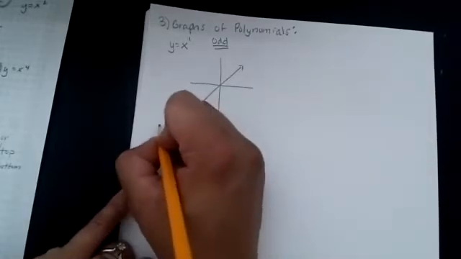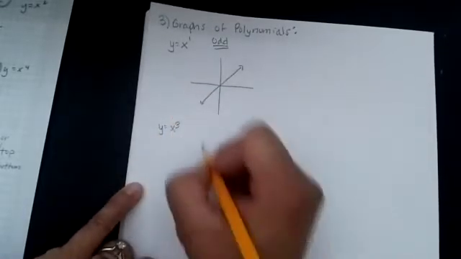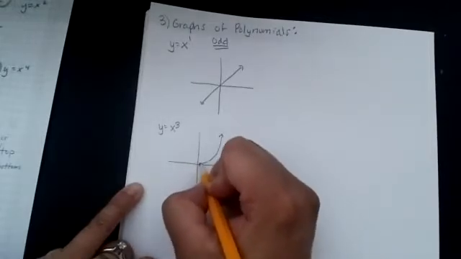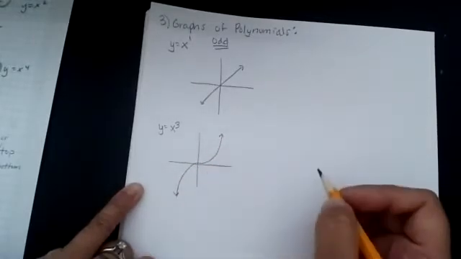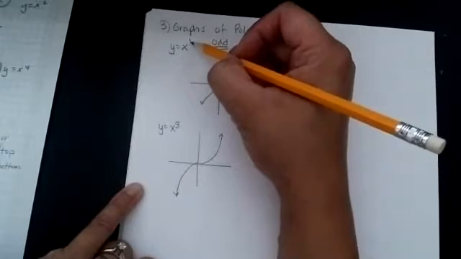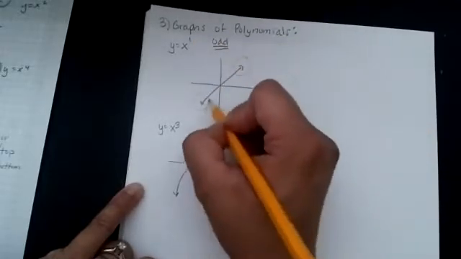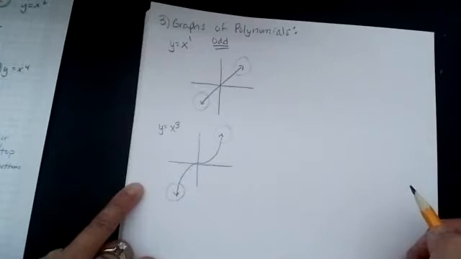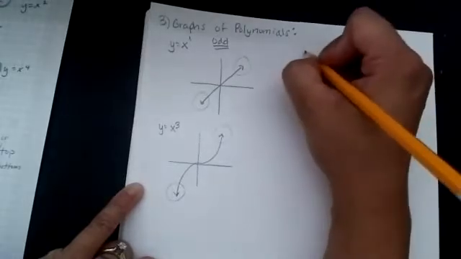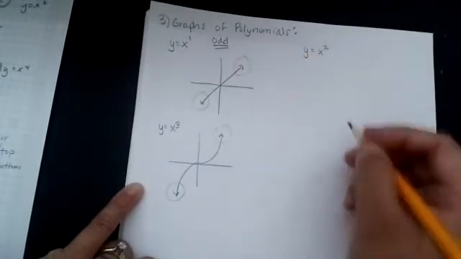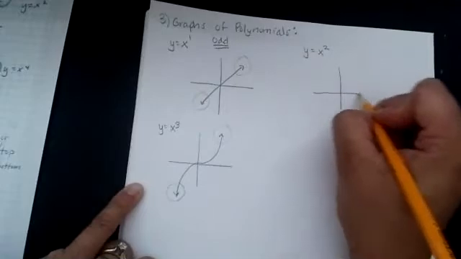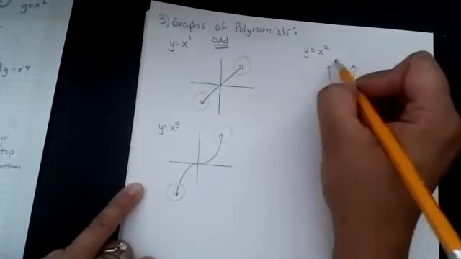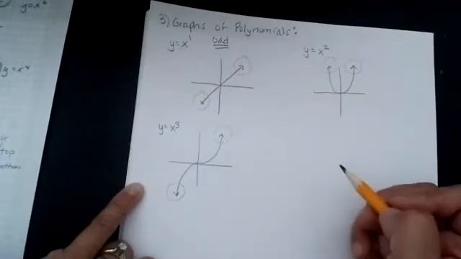So right here, if I have y equals x cubed, that's going to look something like this. So on odd powers, the tail ends, one is negative, one is positive. Now if you have an even, say you have an x squared, your tail ends go the same direction. That's what x squared looks like. And look, they're both going up at the end.